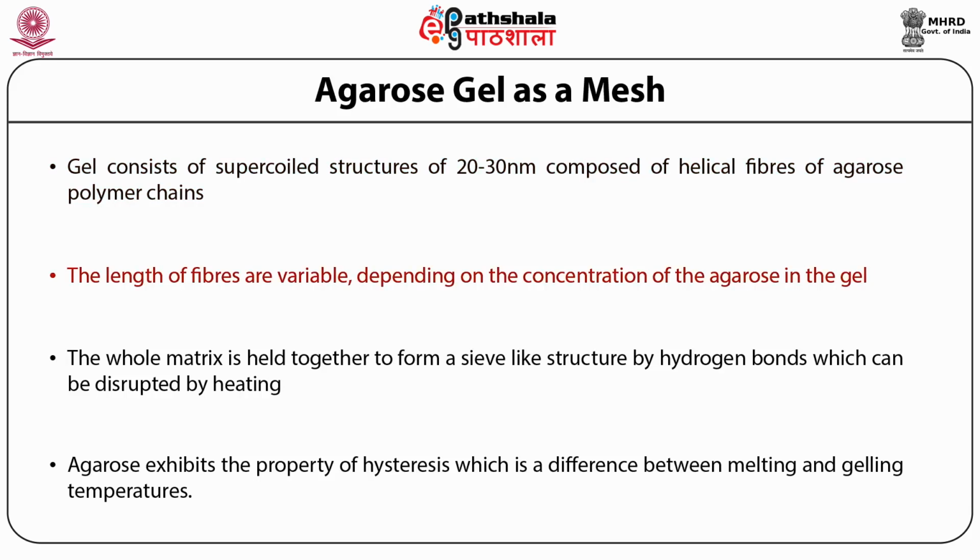The length of the fibers is variable depending on the concentration of the gel. When solidified, these fibers form quasi-rigid mesh consisting of channels ranging from 50 to 200 nanometer diameter. The whole matrix is held together by hydrogen bonds which can be disrupted via heating.